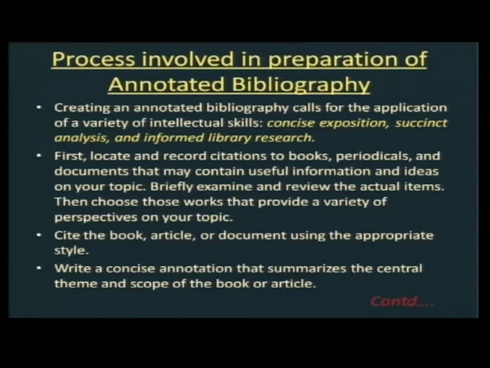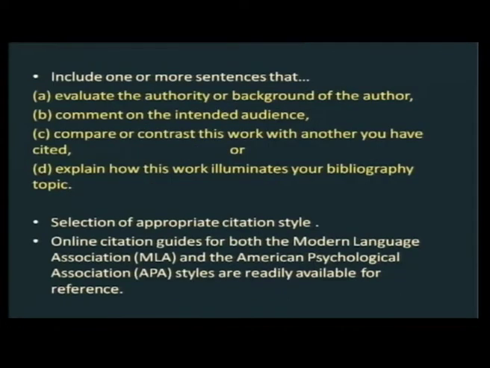Briefly examine and review the actual items, then choose those works that provide a variety of perspectives on your topic. Cite the book, article or document using the appropriate style and write a concise annotation that summarizes the central theme and scope of the book or article. So, please remember, these three components are important.